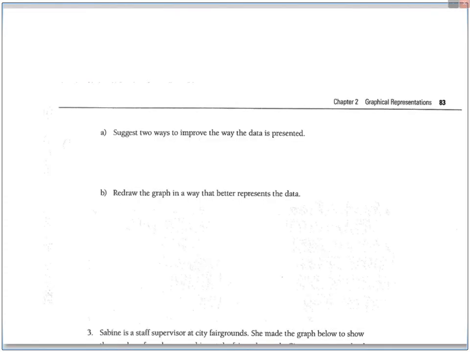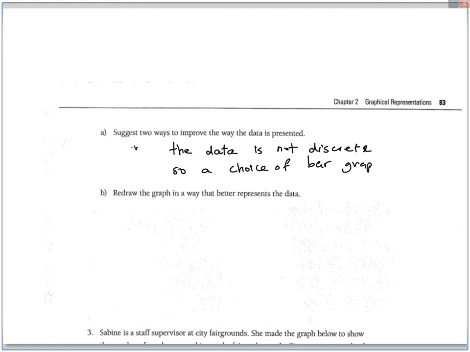So what do they want us to do? Suggest 2 ways to improve the way the data is presented. Well, the data is not discrete. So a choice of bar graph is unwise.